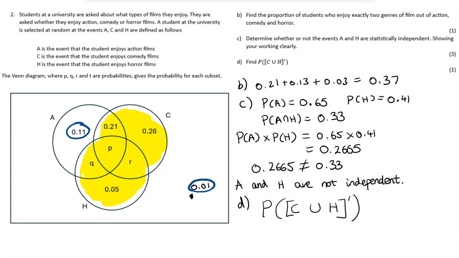So the probability of it not being C or H would just be those that exclusively like action, or those that don't like any of action, comedy, or horror. So just adding the 0.11 and the 0.01 together.